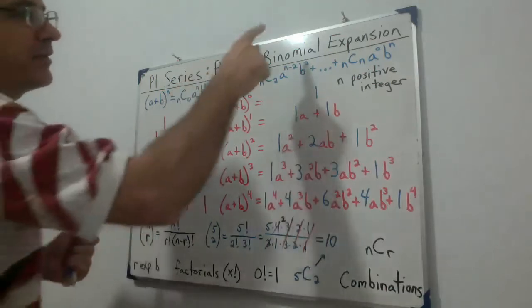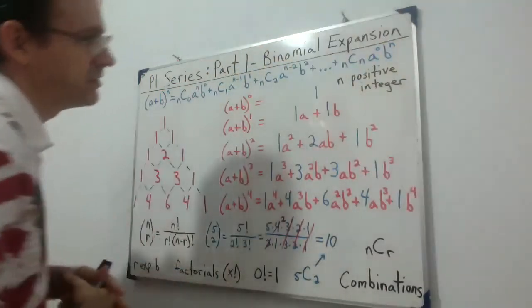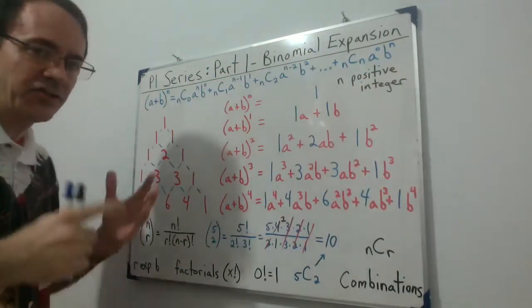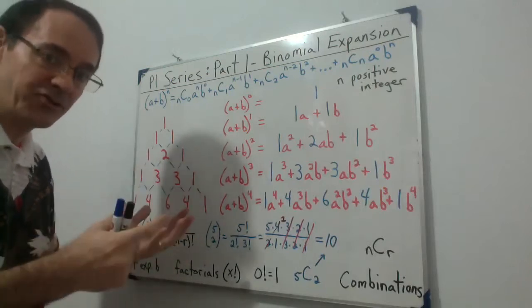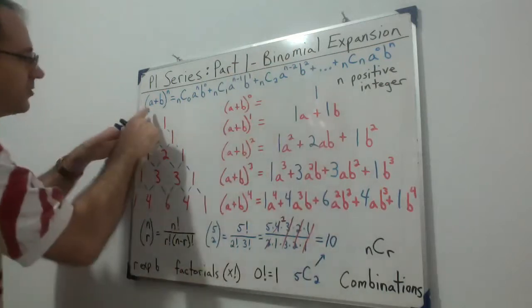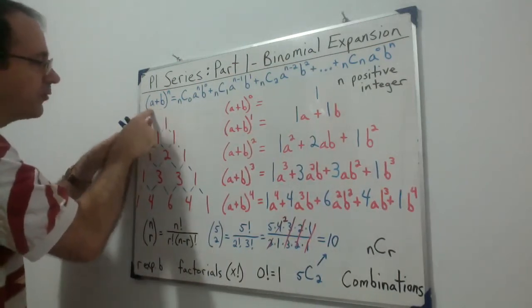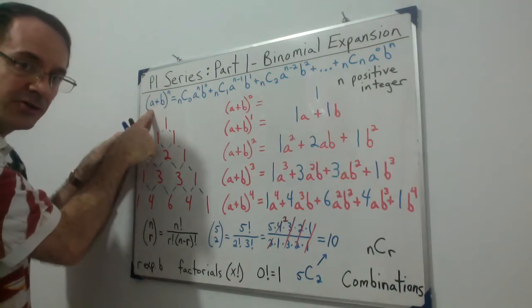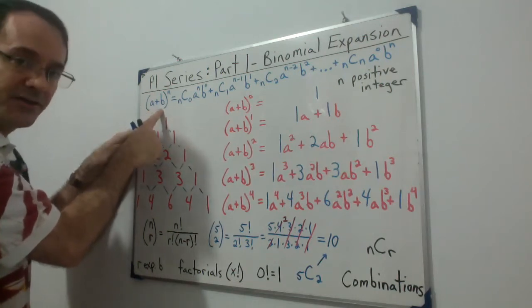What we're dealing with is a binomial expansion. Binomial means two terms. Bi means two. Nomial is your term. So you have two terms. So here we have two terms represented by A, the first term, and B, the second term.